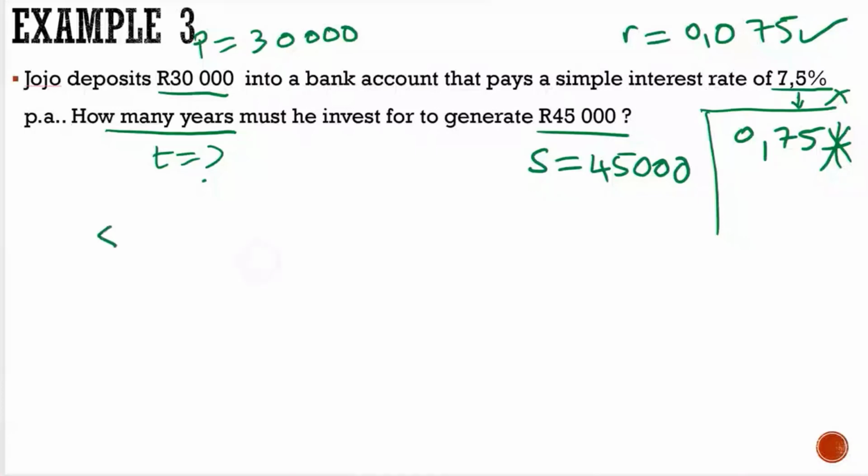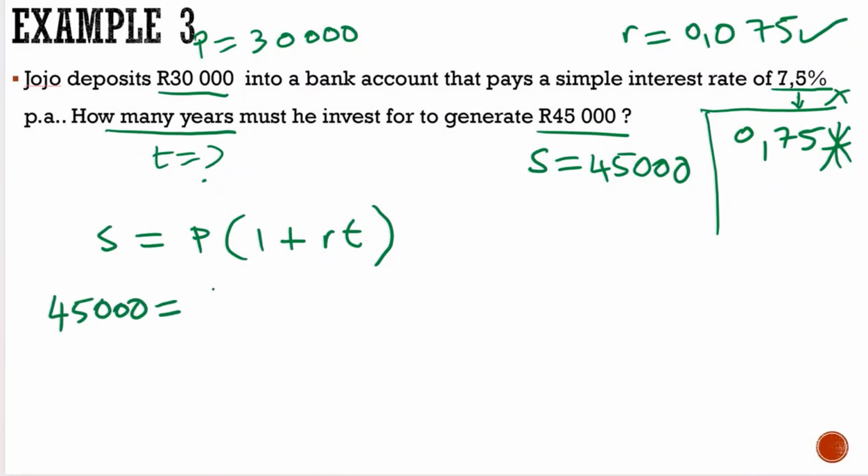The simple interest formula is S = P(1 + RT). You are already given your S, your accumulated amount, which is 45,000. Your present value, you are told, is 30,000, into 1 plus what is your R? There is your R.